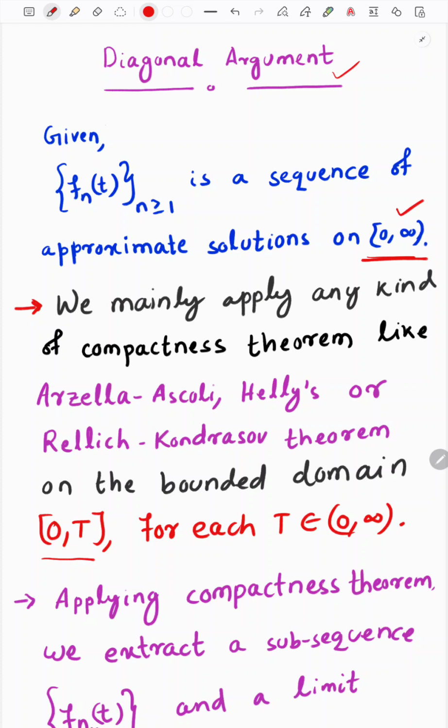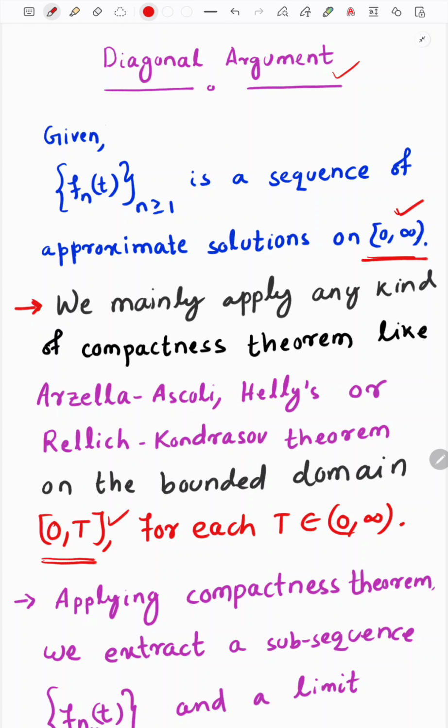But when we apply some compactness theorem like the Arzelà-Ascoli theorem, Helly's theorem or the Rellich-Kondrachov theorem, these theorems have some limitation. These theorems can only be applied on a bounded domain, the closed interval 0 to T, or a compact domain. But we need our limit function to be on the unbounded domain 0 to infinity. This is the main problem.